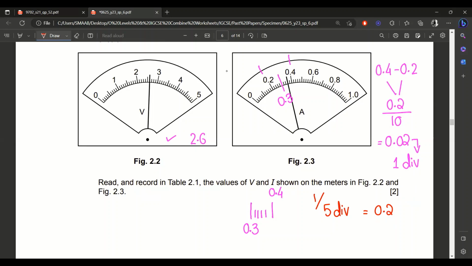So we are having a pointer over here at this point. So we are having 0.32, 0.34, 0.36. Yes, right. So that is also very simple. Just read from the graph, the same process will go over here, right?